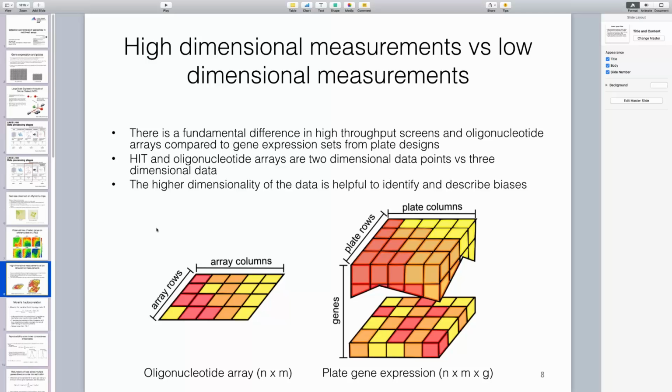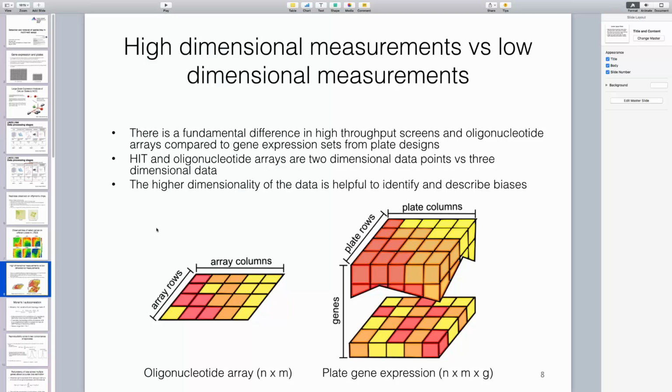On the other hand, with the L1000 data, we have a fairly low resolution for the plate rows and plate columns, but we have an additional dimension because we have multiple genes measured for each well. So the L1000 data is really a three-dimensional bias problem versus the Affymetrix chip, which is just a two-dimensional problem.